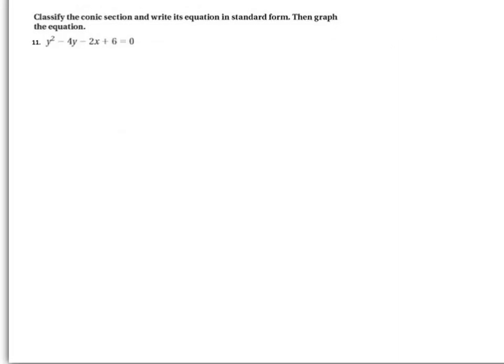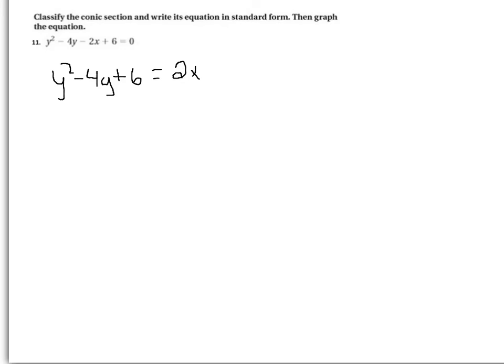Classify the conic section, write its equation in standard form, then graph the equation. I see only one thing being squared, so I know that it's going to be a parabola. So I'm going to leave this over here, and I move the 2x over to the other side.